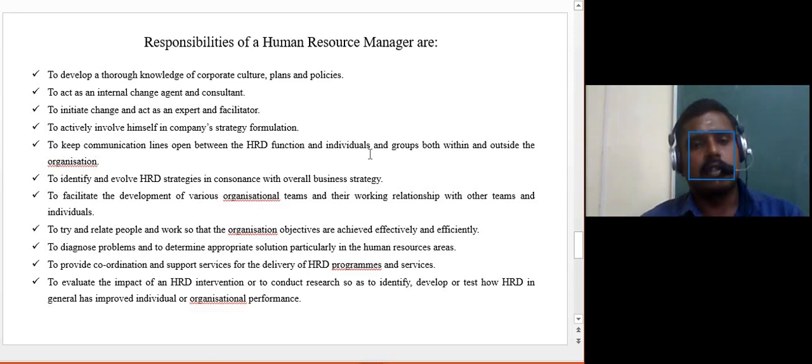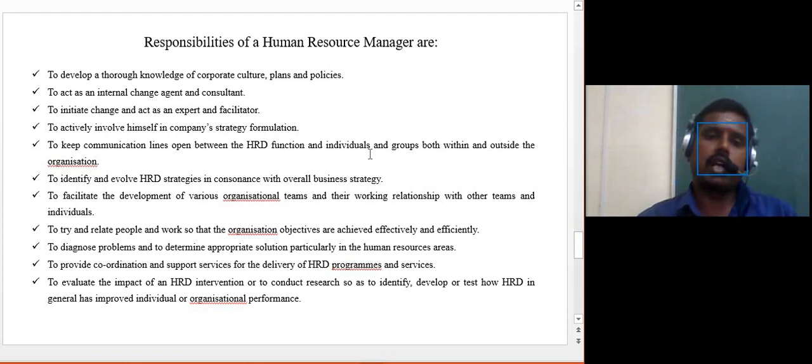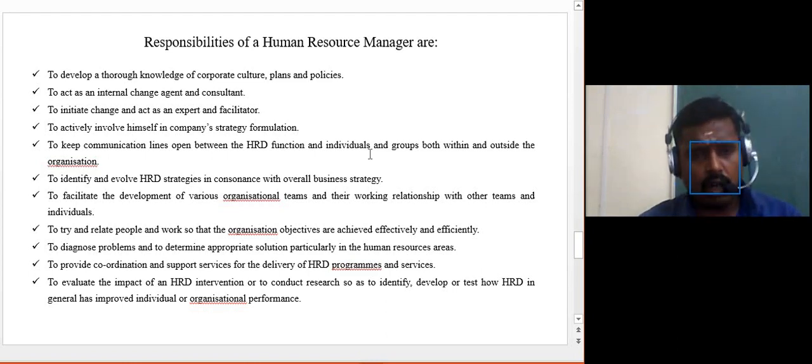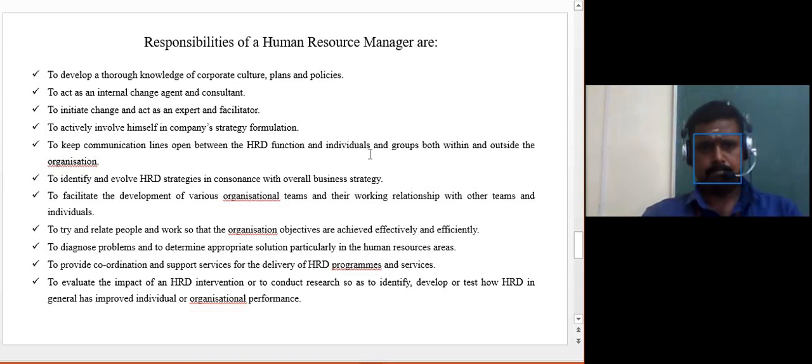Definitely in today's modern scenario, we have to bring the corporate culture everywhere and develop the strategic plan, tactical plan and operational plans of a particular business activity. So as a human resource manager, playing a vital role in the organization, all the roles and responsibilities are highly interlinked with that.